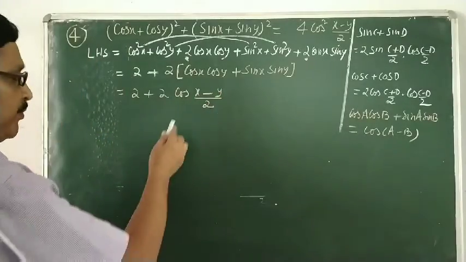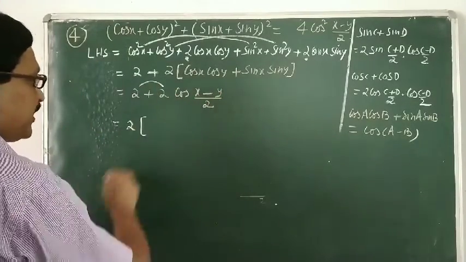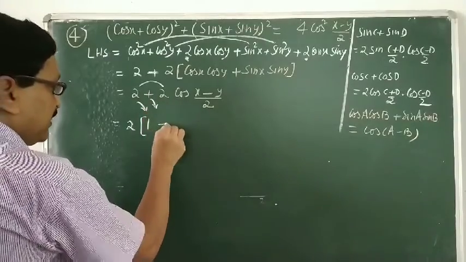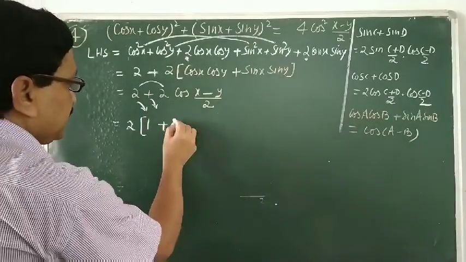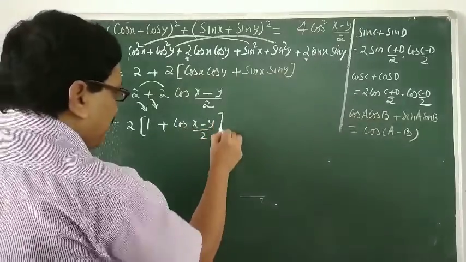Now 2 is common from both. After 2 is taken common from both, 1 is left plus cos x minus y by 2 is left.